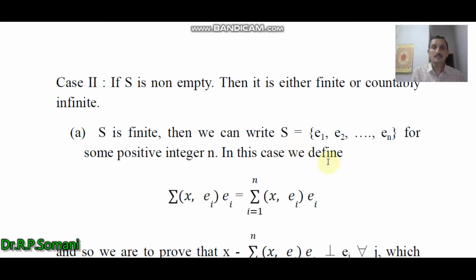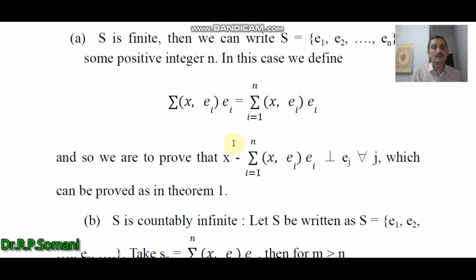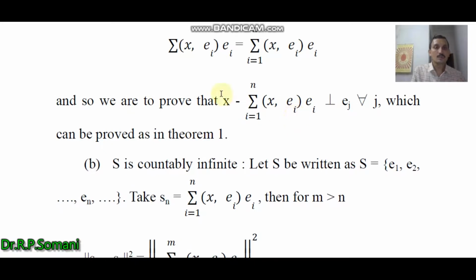And in this case, we can write the summation of ⟨x, e_i⟩ e_i as the summation i varying from 1 to n. So we are to prove that x minus the summation i varying from 1 to n of ⟨x, e_i⟩ e_i is orthogonal to each e_j, which can be proved similarly as in theorem 1.